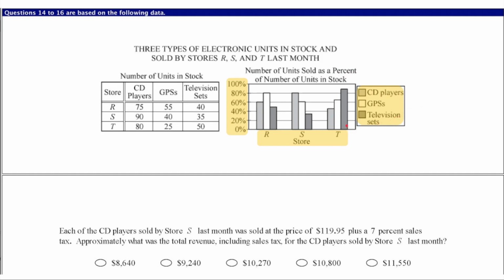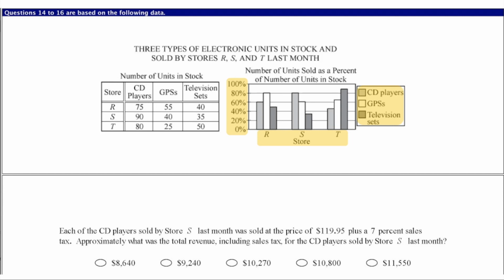So going with television sets at T, we find that they sold 90% of the units in stock. Okay, looking for any trends, nothing particularly interesting. I'm noticing that they each sell a higher percent of a different electronic device. Yeah, nothing really speaks to me here. So I'm just going to leave it as is and search for the data later.